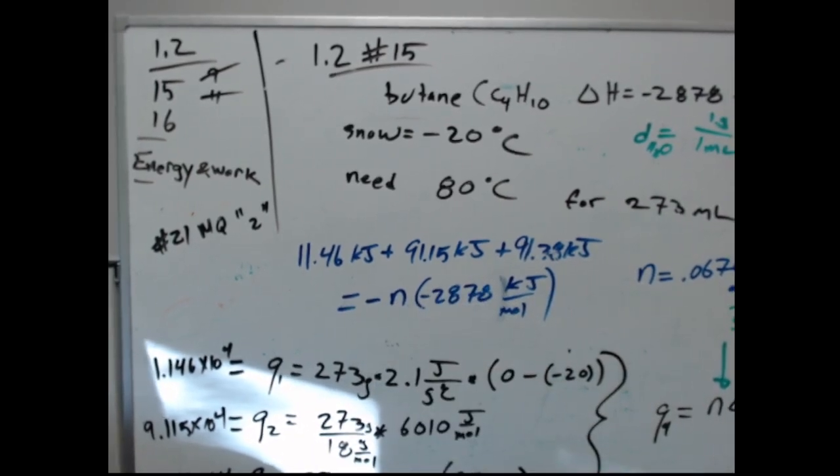Right, so that's the number of moles. Does this ask for number of moles or number of grams? Grams? Yeah. Awesome. So now we have to take that moles multiplied by the molecular weight, which is going to be 4 times 12 is 48 plus 10 is 58. So times 58. We need 3.9 grams of butane.